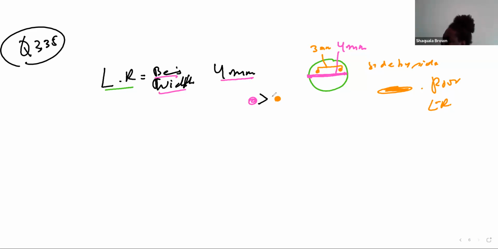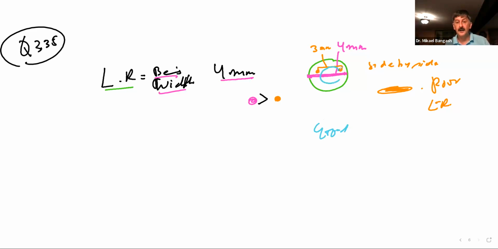So for us to find good lateral resolution in this case, the diameter of the beam would have to be 3 millimeters or less than 3 millimeters.